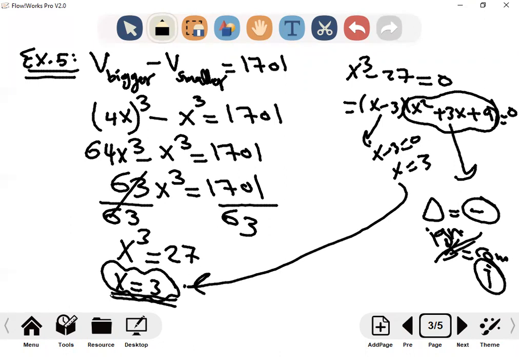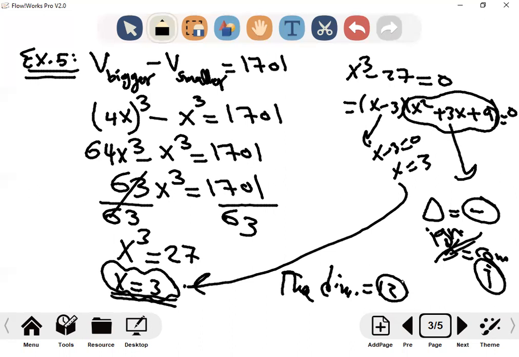Got it? If x is 3, what will the dimension be? The dimension of the bigger cube will be 4 times 3, which is 4x. So the dimension is 12. The length, width and height are 12 by 12 by 12.